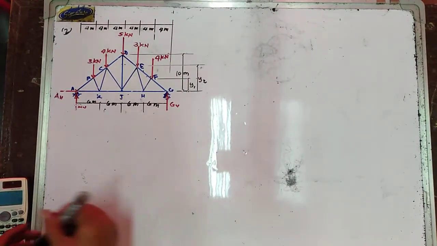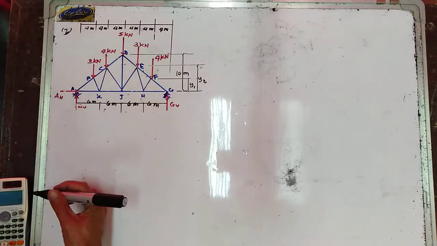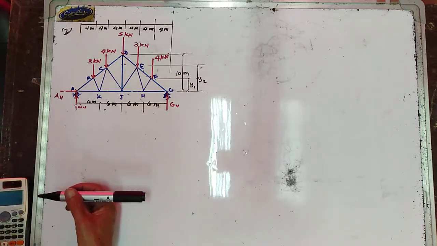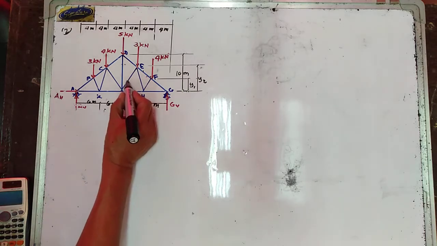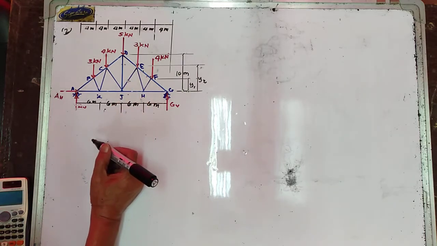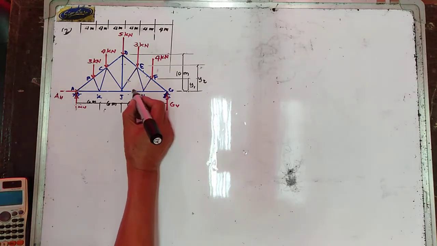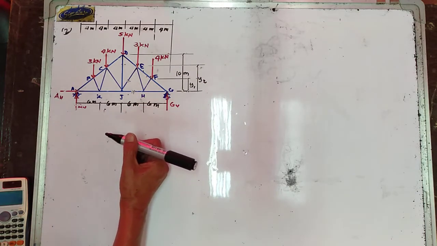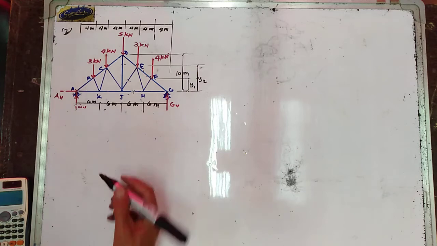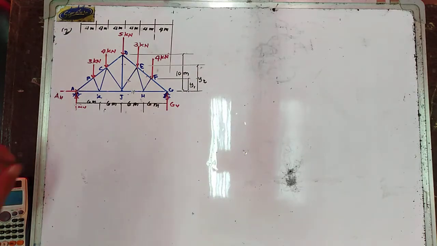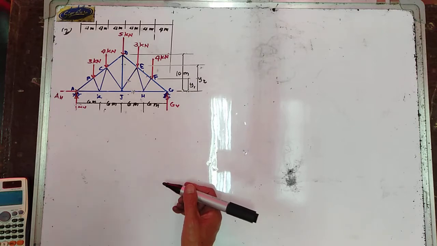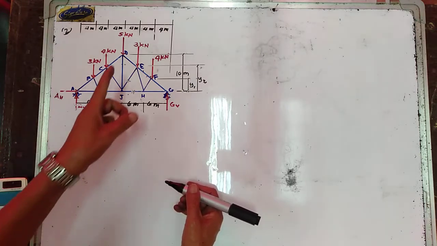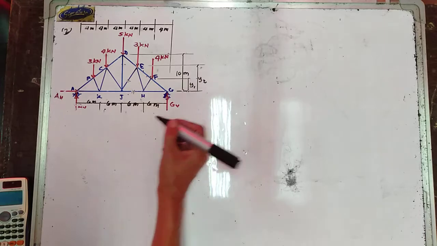So for problem number 2, find the forces in members EJ and HJ of the roof truss shown. So first, let us try to determine Y1 and Y2.